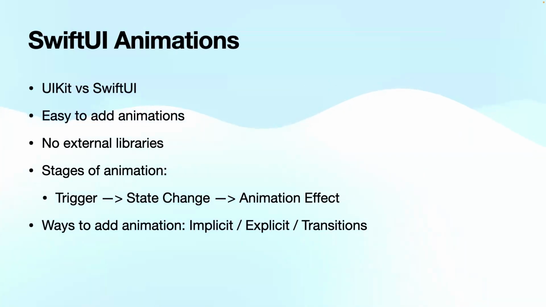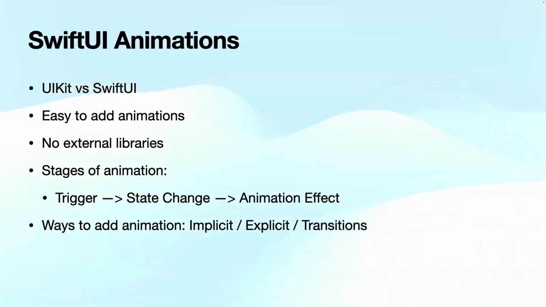Now, SwiftUI animations. I'll talk a little bit about UIKit and SwiftUI. UIKit is an imperative framework, where we have to tell the system what to do with step-by-step instructions. So UIKit animations have to be triggered manually, but in SwiftUI, you just describe what you want, and SwiftUI figures out the details.